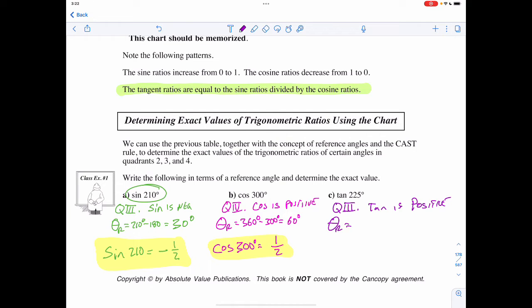The reference angle is going to be 225 minus 180, or 45 degrees. And I shouldn't even need to reference it. At 45 degrees, tan is exactly 1. So tan of 225 is going to be positive 1.